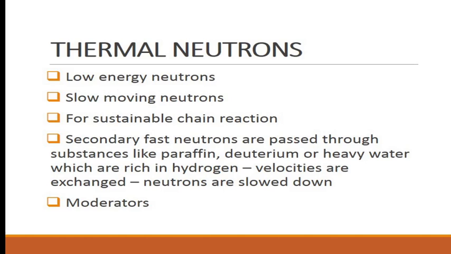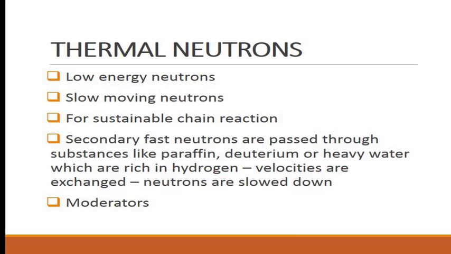Now, what are thermal neutrons? We had already said the word thermal fission, isn't it? So the low energy neutrons are known as thermal neutrons, or we can also say slow moving neutrons. It's having low energy, isn't it? So it will be slow moving.